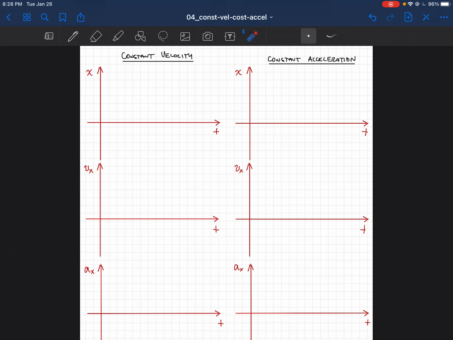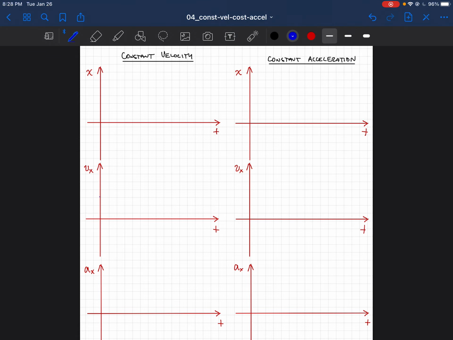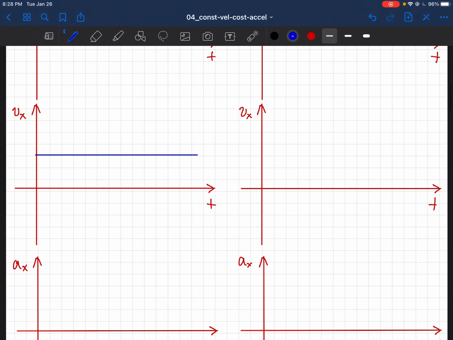For constant velocity, it just means that the velocity is constant. So we'll plug that in. Let's say that the velocity is positive. So for all time, the velocity sits on that line there. Okay, let's go to acceleration first, because that's the simpler way to do it.